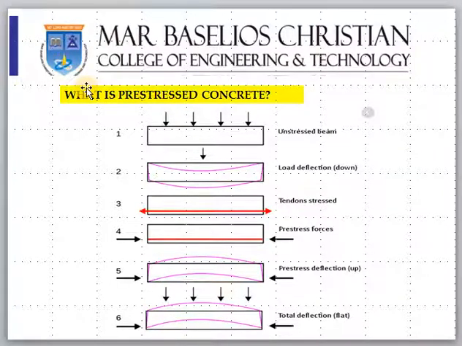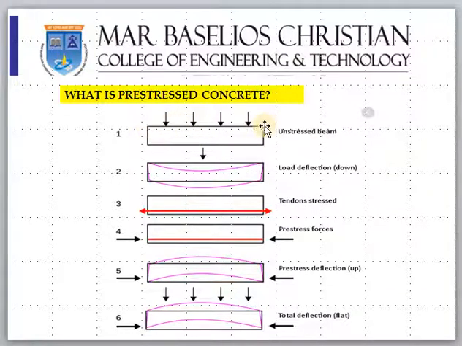If you take a normal RCC beam, you know that when the load comes, it bends down like this, and at the top you will experience compression, and at the bottom you will experience tension. And we know very well that concrete is very weak in tension and very good in compression.